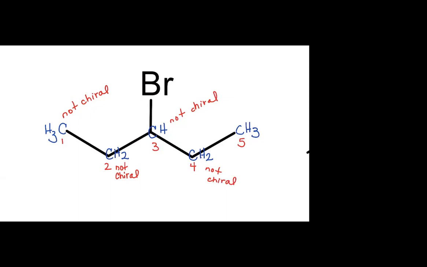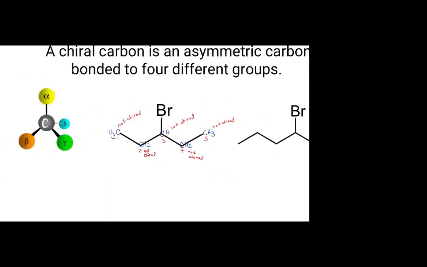Is a CH3 a chiral carbon? So you can see that this molecule, 3-bromopentane, does not have a single chiral carbon. So if I need to classify this molecule overall, it is not chiral because it doesn't have a single carbon atom that is chiral.